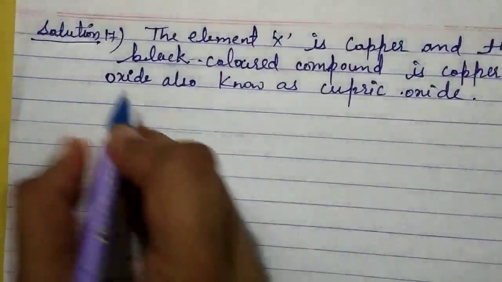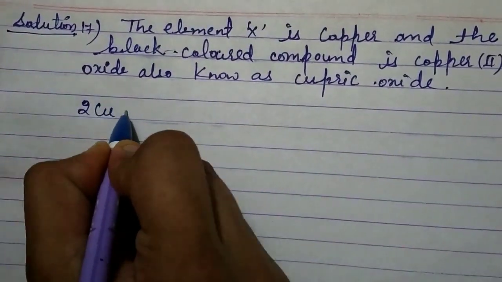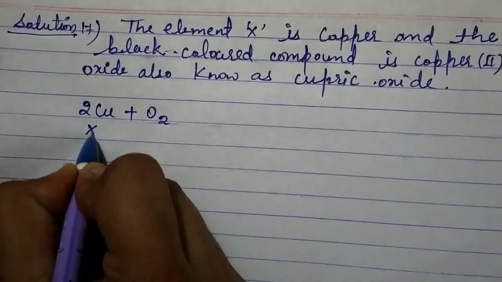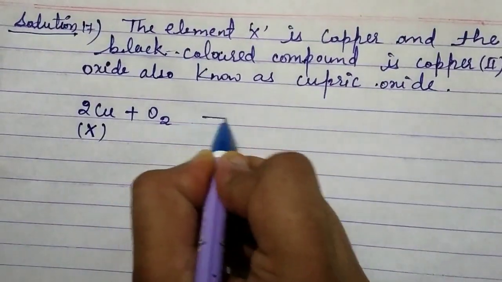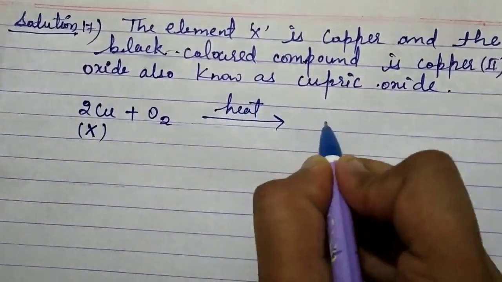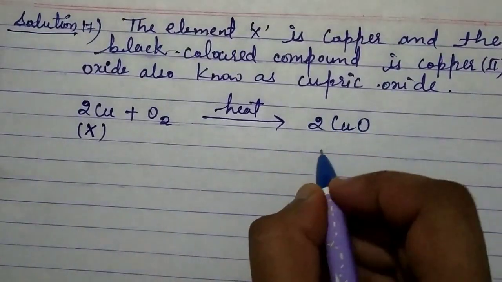Let's observe the chemical reaction. 2Cu when it reacts with air, O2, this is compound X, we have to write in bracket, gives rise, in presence of heat, to 2CuO.